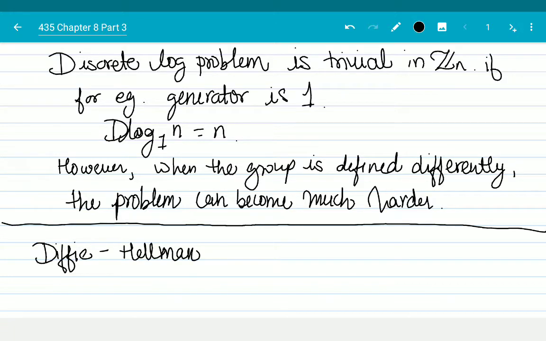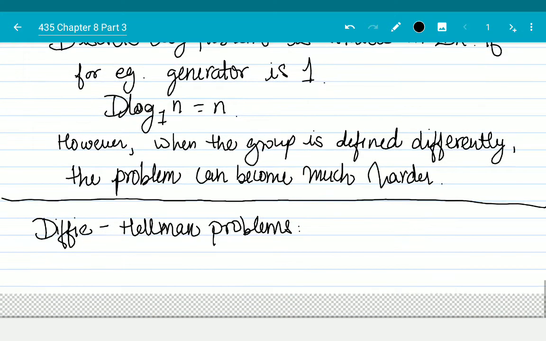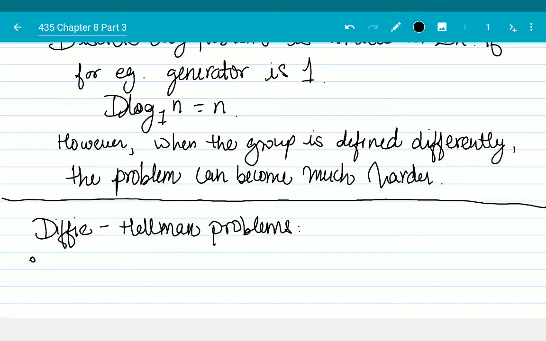Diffie-Hellman problems. The Diffie-Hellman problem says: fix a cyclic group G and a generator g.